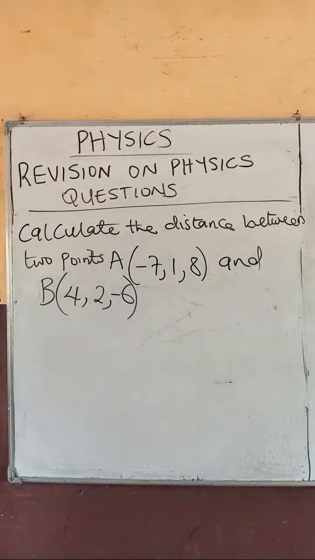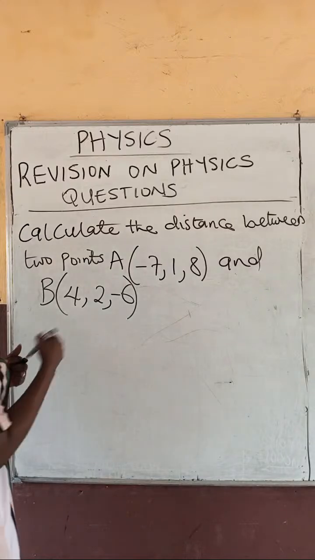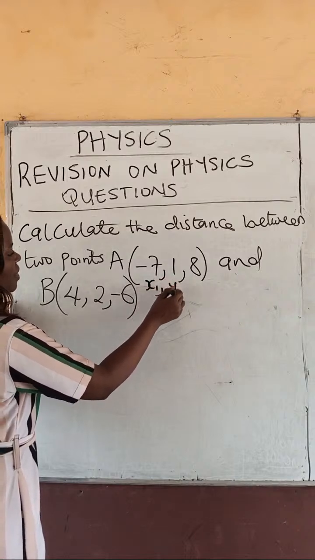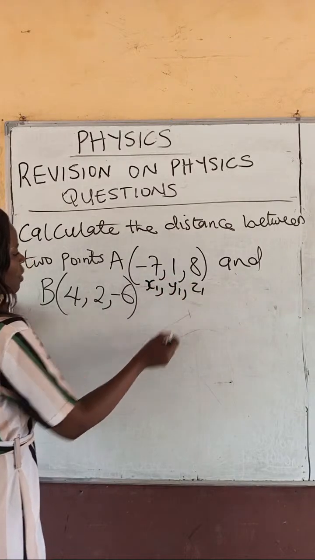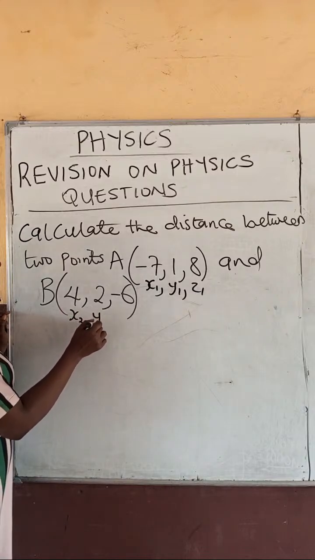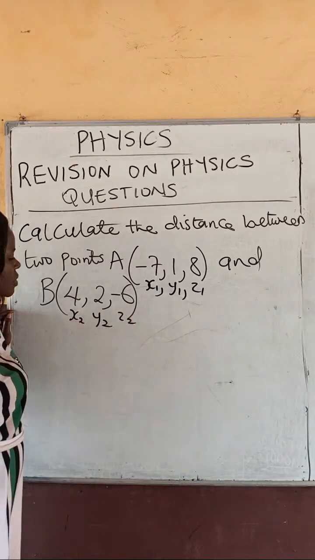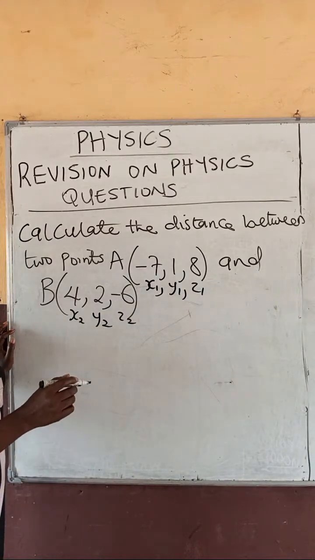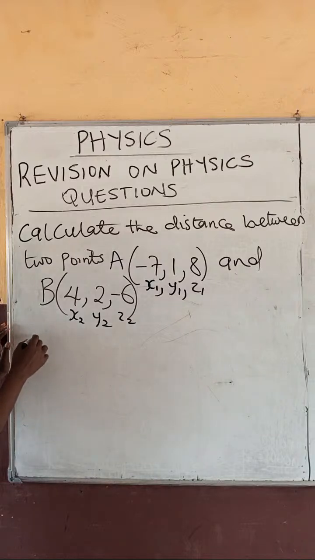All right. Let's look at what we have. Calculate the distance between 2 points, okay? Now, this is the first point. This is my A, and this is x1, y1, and z1, right? The second point I have what? x2, y2, and z2. Now you're going to use the formula for space because space has 3 coordinates x, y, and z.